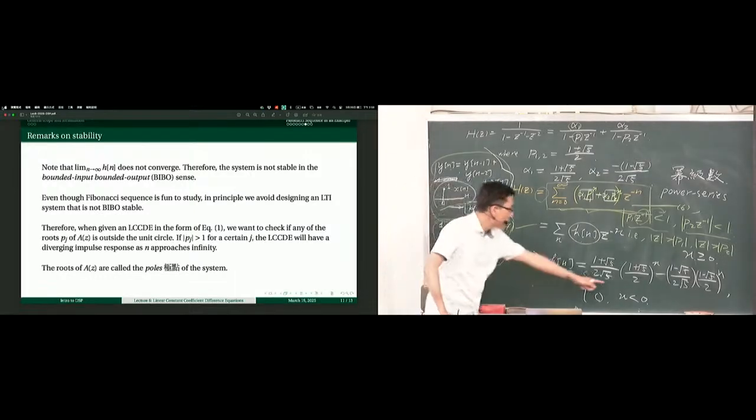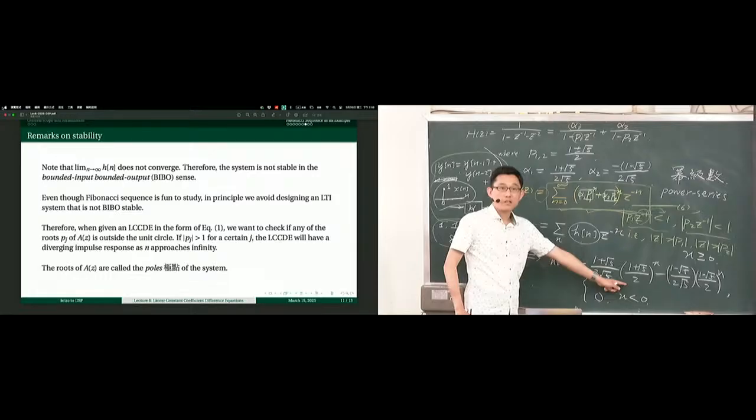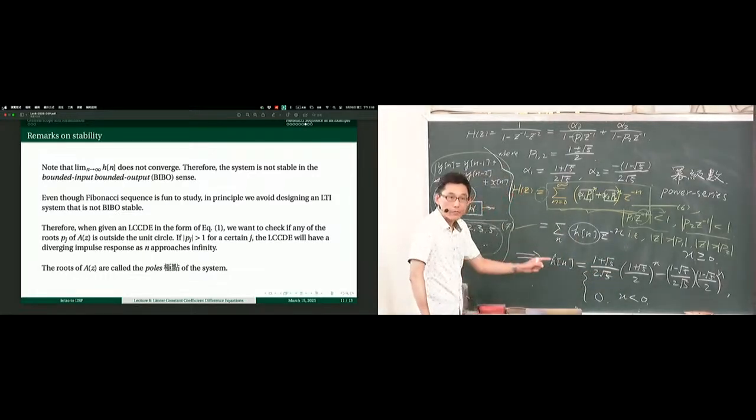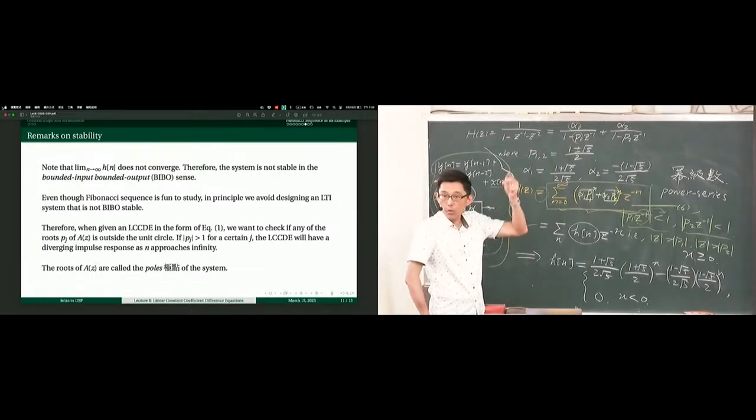The input is bounded, but the output diverges. Bounded input, unbounded output. So in that regard, the system is not stable. It receives just one tiny stimulus, a click, one sample, but then the output keeps growing: 1, 1, 2, 3, 5, 8, it keeps growing.